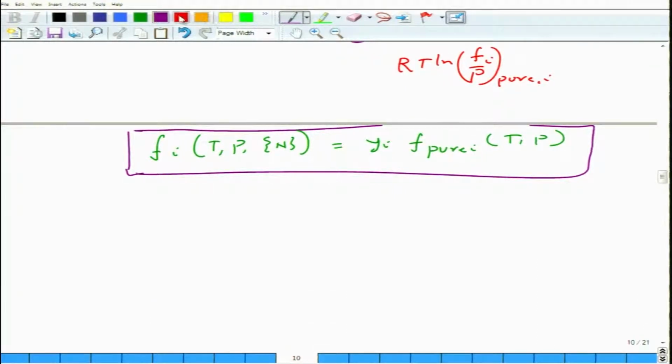Okay. So, note that this is the fugacity of the pure component i at the temperature and pressure of the mixture. Okay. Now, I will try to describe the validity of such a rule, the Lewis fugacity rule, by taking an example from the literature.